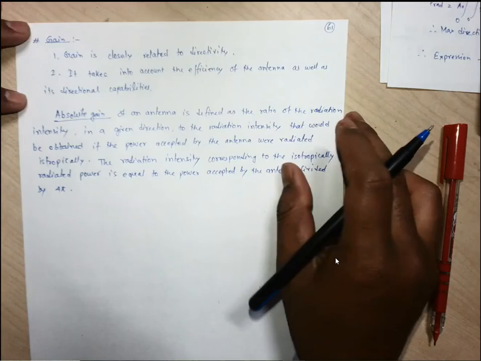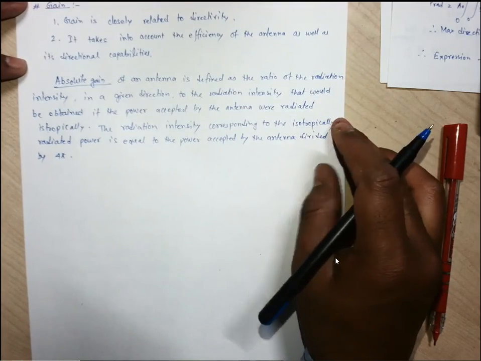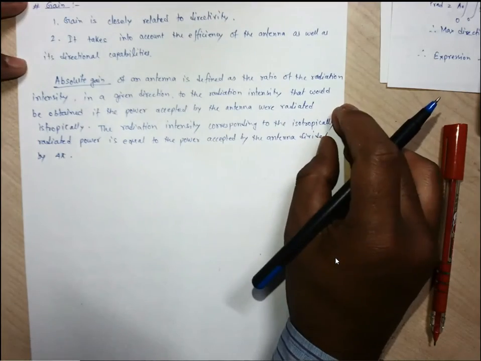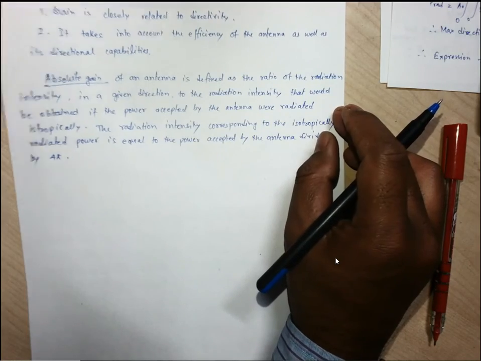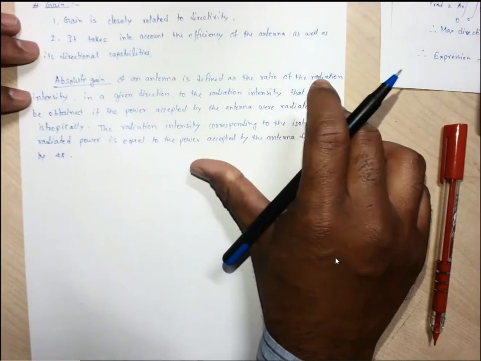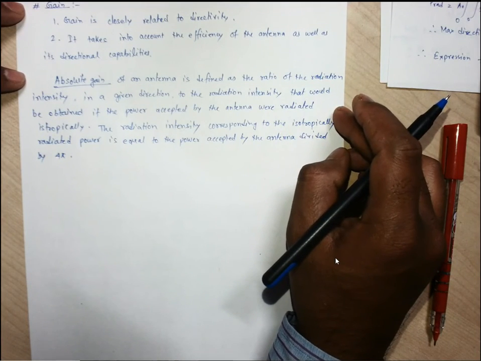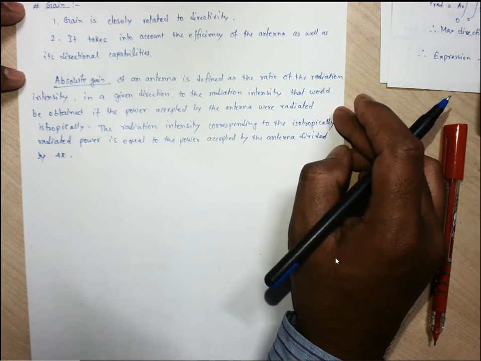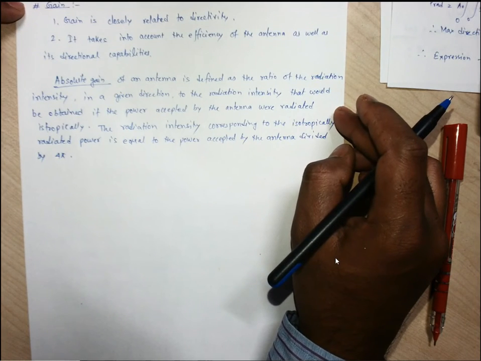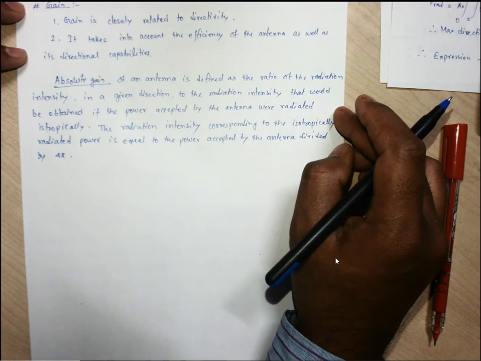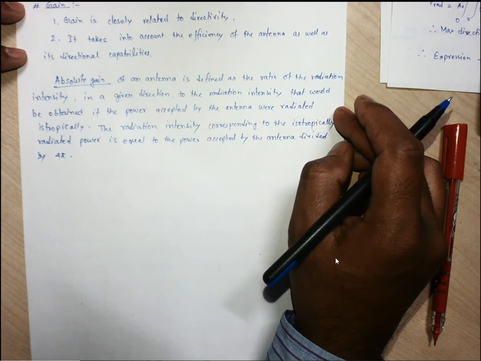So what does this gain say? It is the ratio of the radiation intensity in a given direction. Same as the conclusion for the directivity, how we defined the directivity. For the directivity, it was the radiation intensity averaged over all directions. We have not considered how much power has been given to the antenna; we considered the total radiated power.